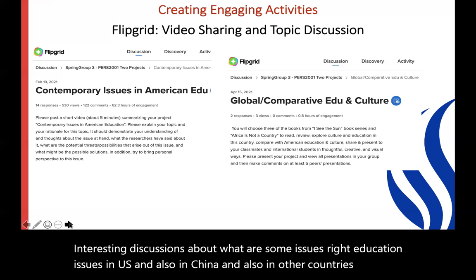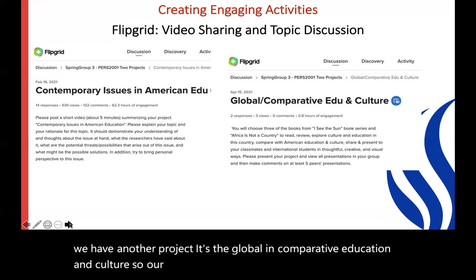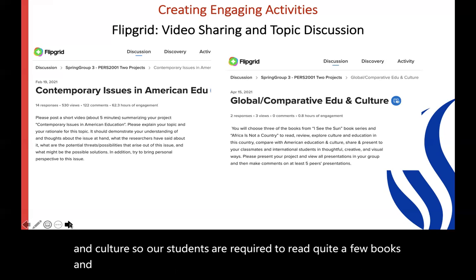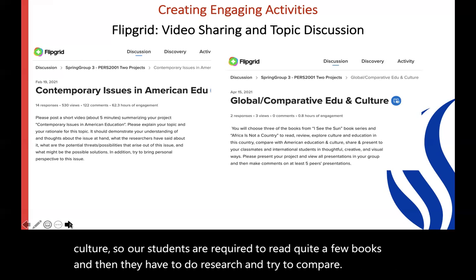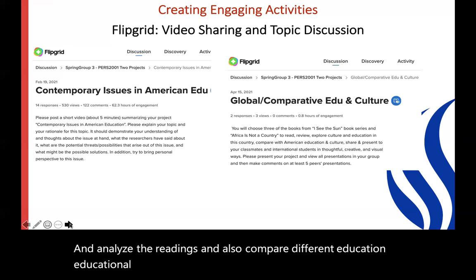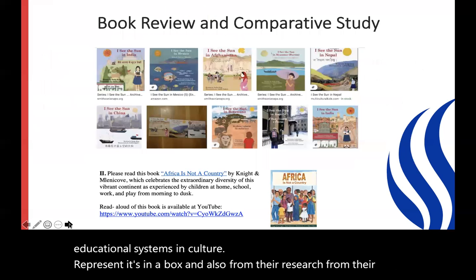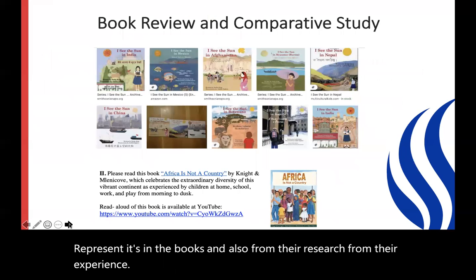We have another project, global and comparative education and culture. Our students are required to read quite a few books, and then they have to do research and try to compare and analyze the readings, and compare different educational systems and cultures represented in the books, and also from their research and their experience. So here are some examples.